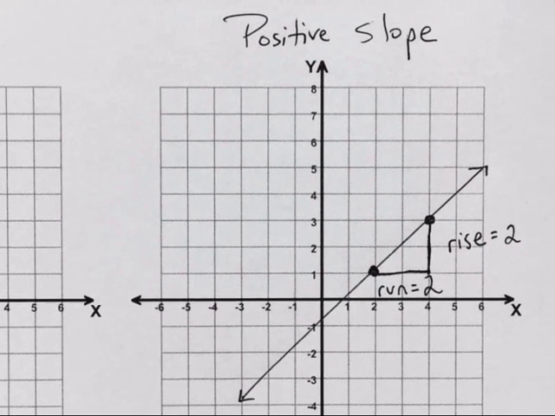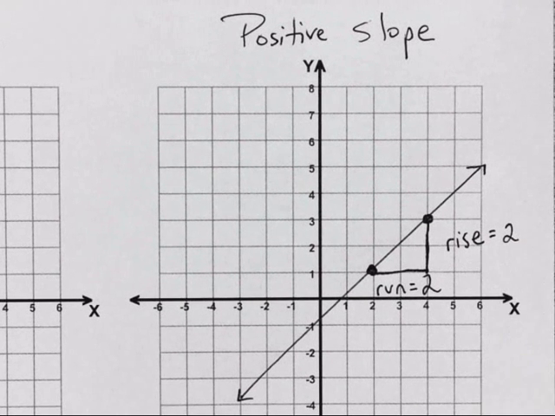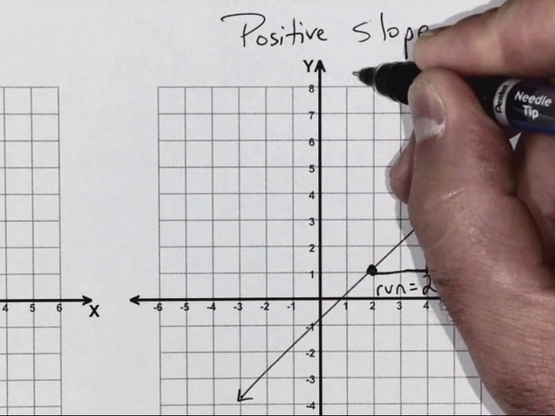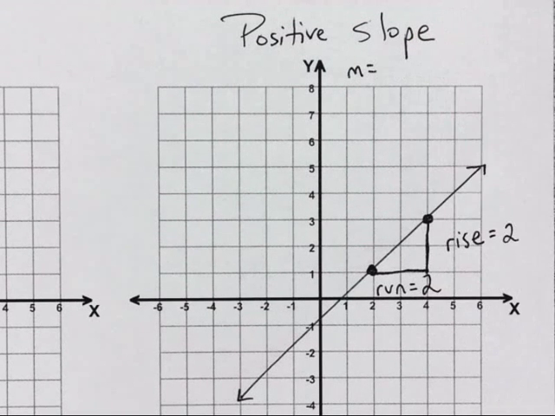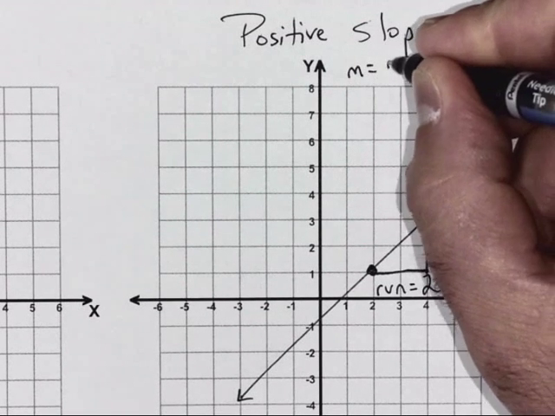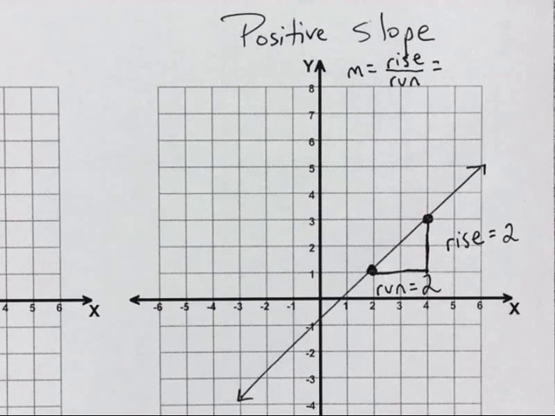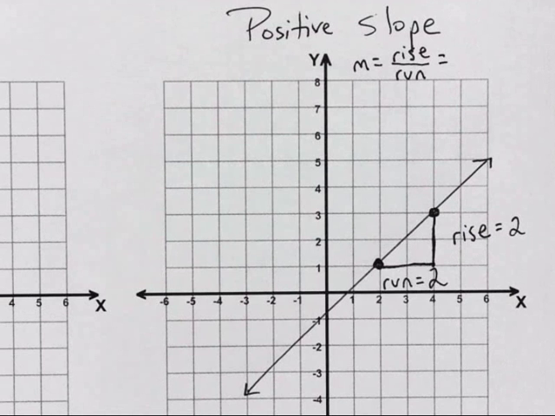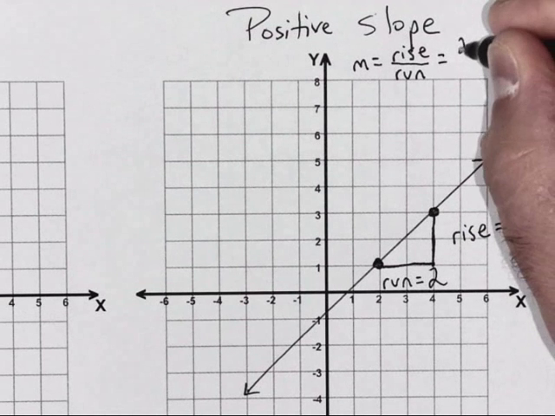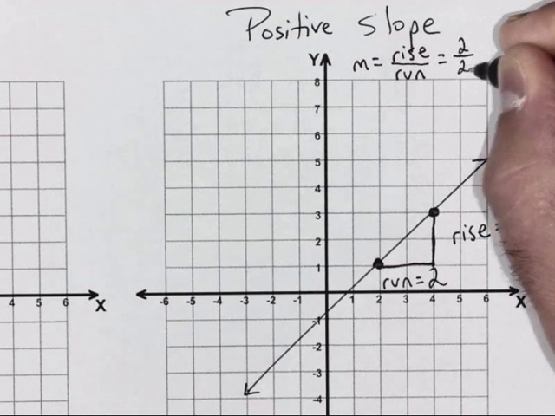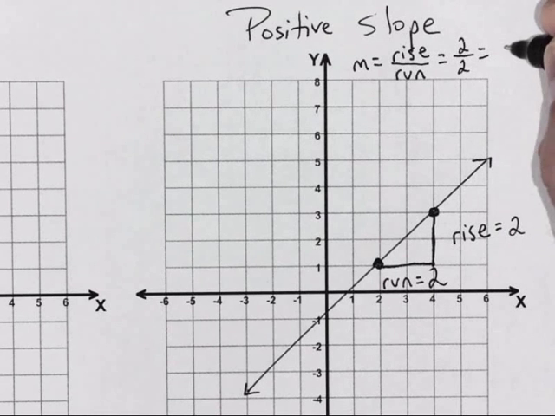Slope is depicted by the letter m, and it is the rate of change, which is rise over run. So if the rise is 2 and the run is 2, 2 divided by 2 is 1, and our slope is moving upward from left to right, so it has positive slope, so we would say the slope is positive 1.